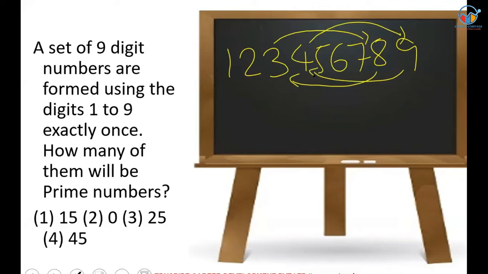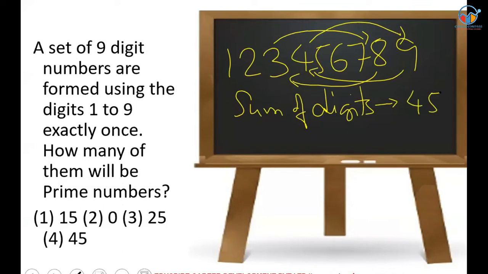That shuffling will happen across different numbers. But tell me, what will be the sum of the digits? It will be 1 plus 2 plus 3 up to 9, right? Which will be 45, n into (n plus 1) by 2.